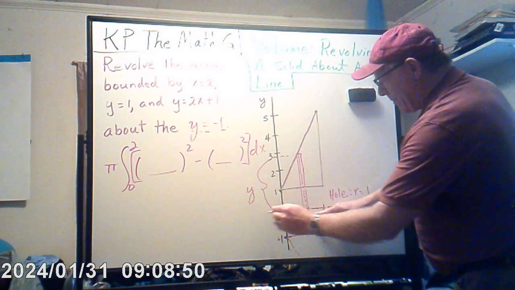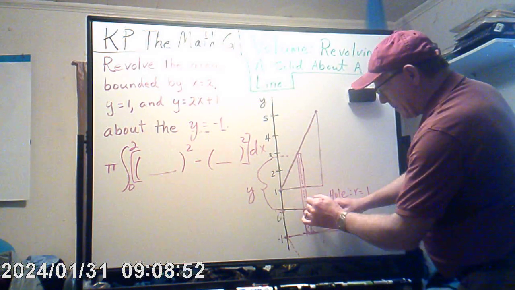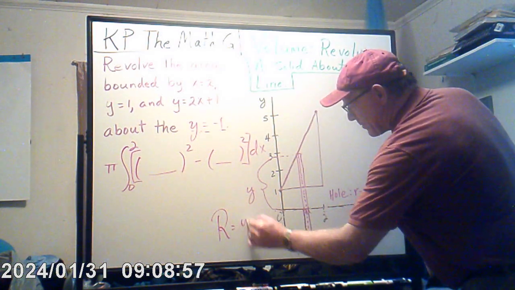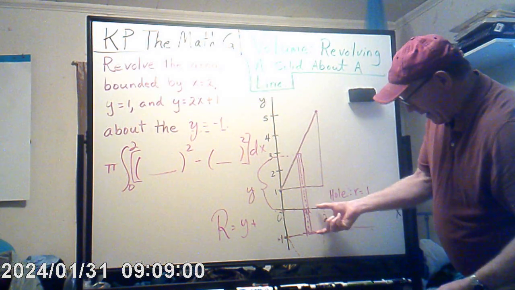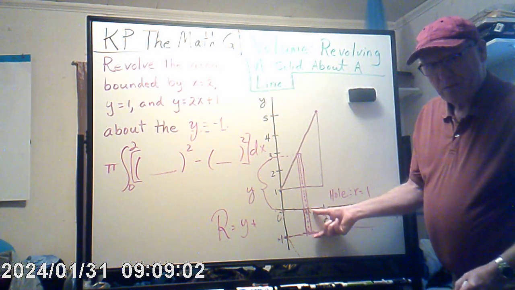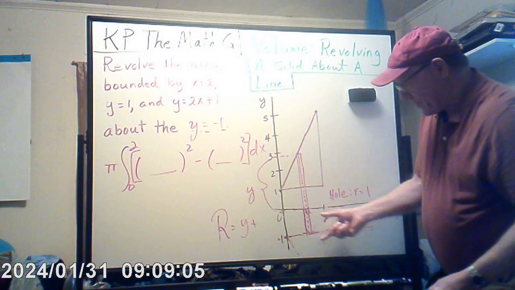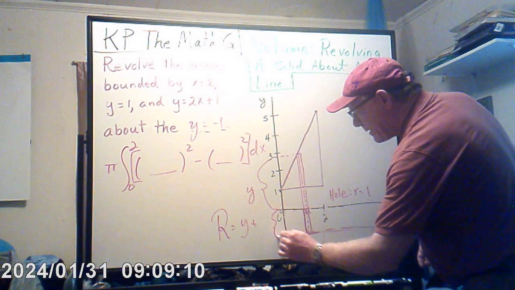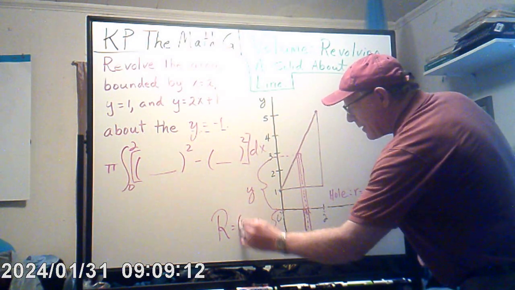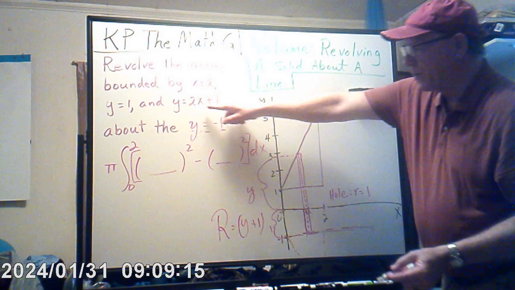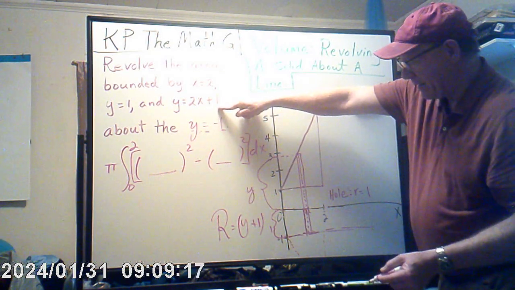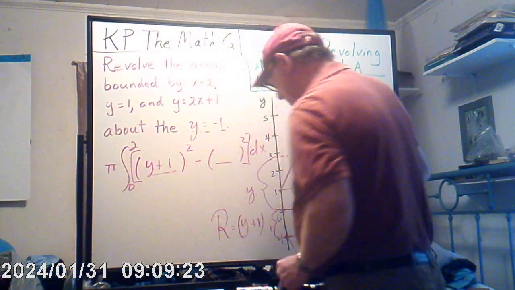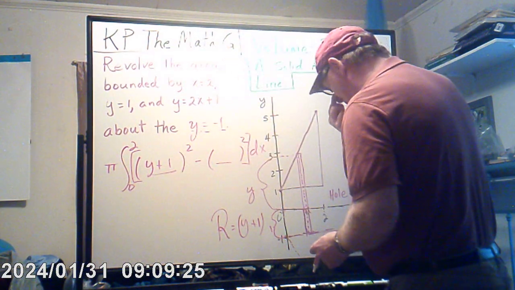And then now, we need an additional part here to get the big R. So I know it's more than just y now. How much more? One more, isn't it? Right? So this is y. This height here is 1. So y plus 1. Now y, which is 2x plus 1. Alright, so y plus 1 squared, that's the big R.